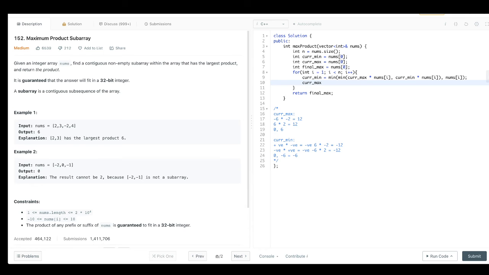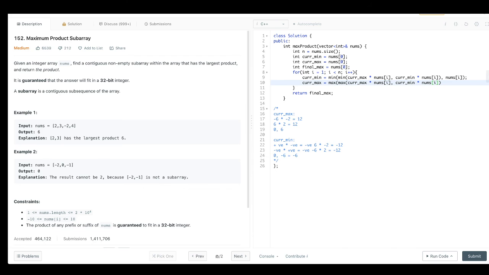So if it is a scenario where a positive number is multiplied by a positive number, then our current max will become the previous max into the current number. That is 6 into 2 kind of scenario, where it will give 12. Otherwise, if our current minimum was a negative number and the current element is also a negative number, it has the potential to give us a maximum value.